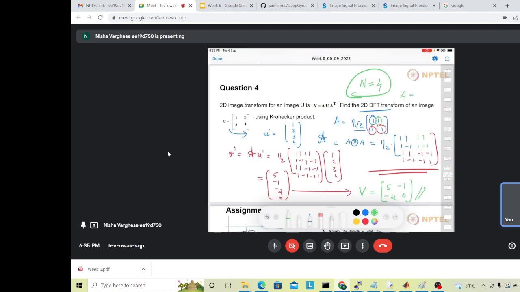That is a 4 by 4 matrix. Then just find the Kronecker product. Just multiply that with the column representation of U dash. That will give a product B dash in column representation. Okay, that's all. This is all about the Kronecker product.